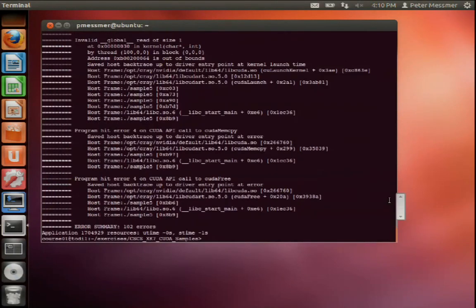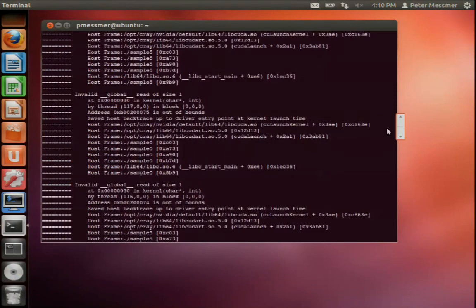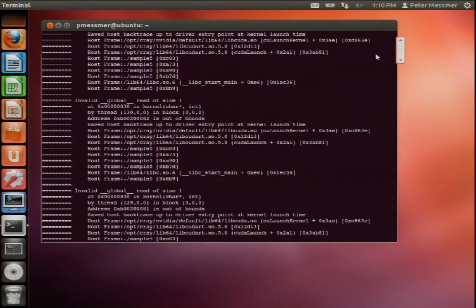Right, whoa. So as you can tell, MemCheck has worked as it should.